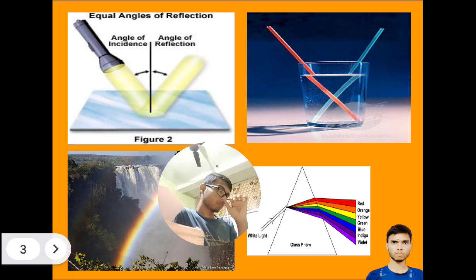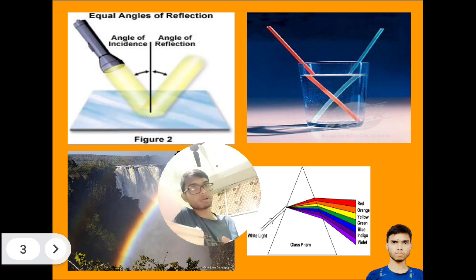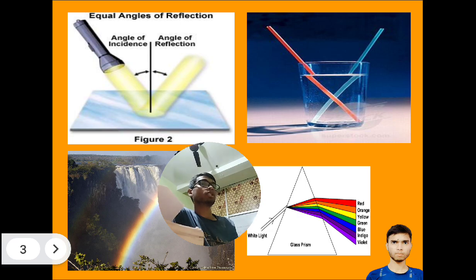From this figure you can understand, the teacher will be teaching you about refraction of light. But right now we are not going into too much detail about refraction of light. Let's understand the formation of a shadow from this figure.